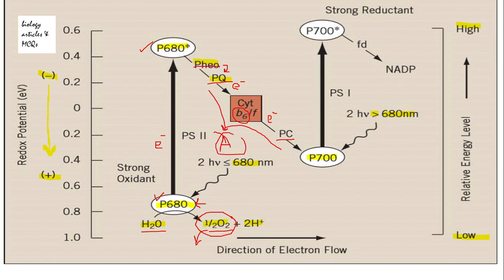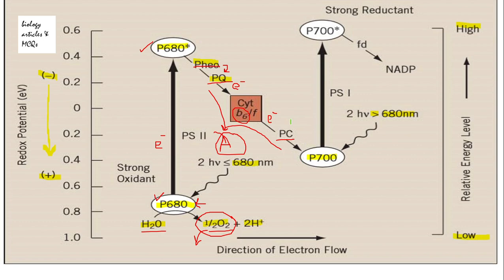So the electrons are now moving towards photosystem 1, transferring from the plastocyanin towards photosystem 1, that is P700, and as you know, it will absorb light of wavelength 700 nanometers.